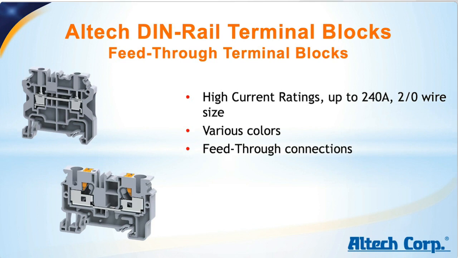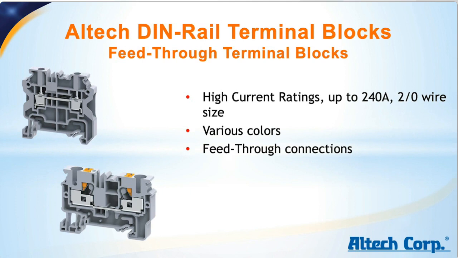These feed-through terminal blocks are usually available in all kinds of different colors. There's blue, black, red, orange, white, yellow, green. However, gray is usually the standard, and that's most commonly used.